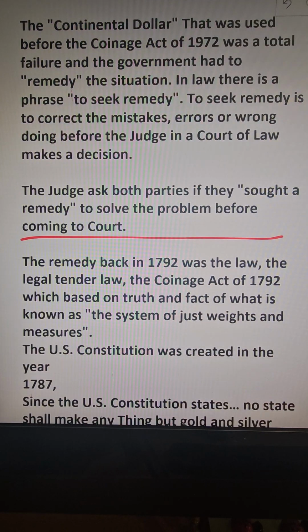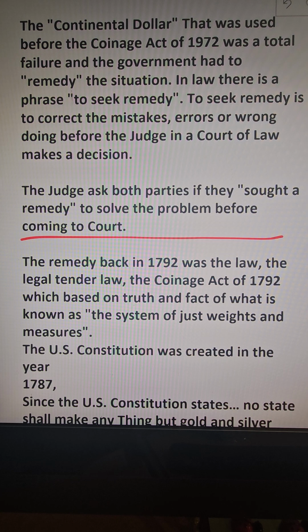The Continental Dollar, which was used before the Coinage Act of 1792, was a total failure, and the government had to remedy the situation. They had a piece of paper they printed up. Look up the two words Continental Dollar. It ended up as a disaster in their so-called economy. So the government, the people, had to figure out how to remedy the situation.